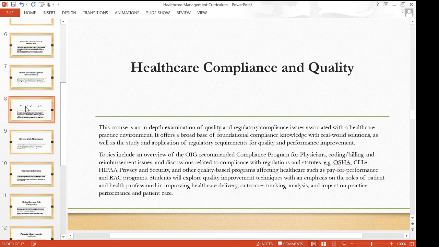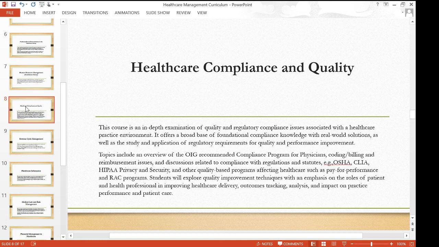It offers a broad base of fundamental compliance knowledge with real-world situations, as well as the study and application of regulatory requirements for quality and performance improvement. Topics include an overview of the OIG recommended compliance program for physicians, coding and billing in reimbursement issues, and discussions related to compliance with regulations and status.